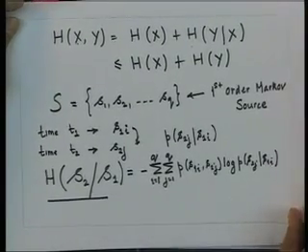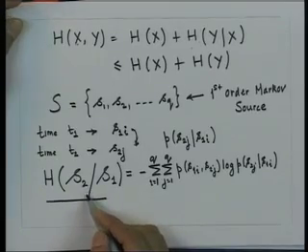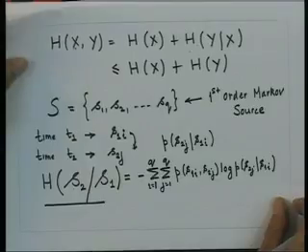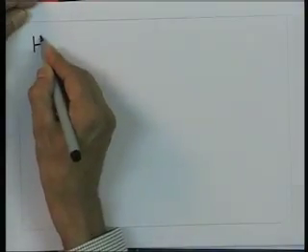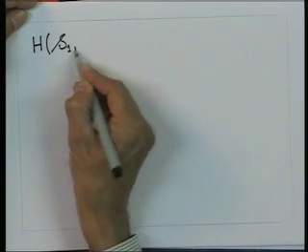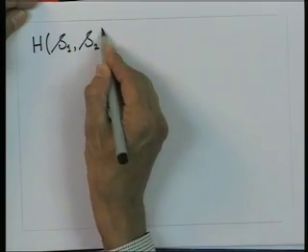So, if I were to find out what is the joint information between S2 and S1, we can find out very easily as H of S1, S2.